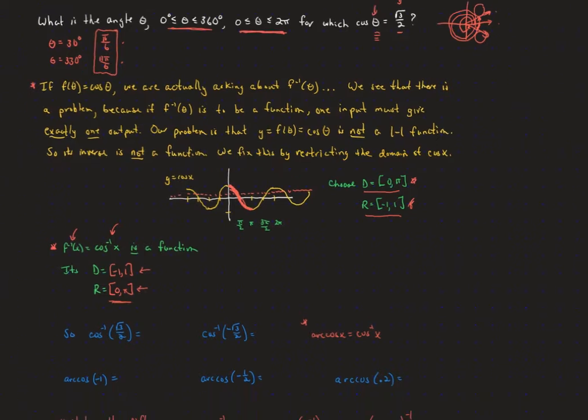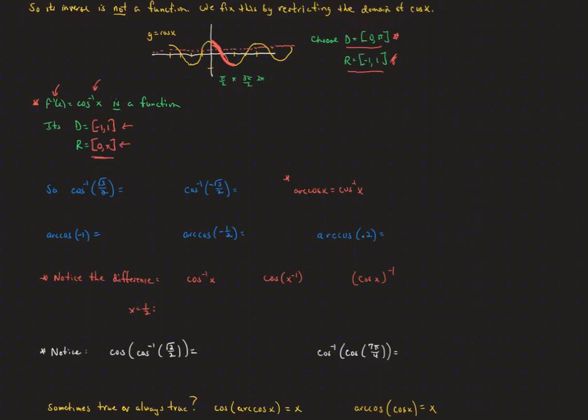Okay, so let's see if we can sort this out a little bit. Now, if we want to know what is the angle whose cosine is square root of 3 over 2, then we know there are lots of angles whose cosine is square root of 3 over 2, but there is only one correct answer to an inverse cosine, because an input can have only one output if this is to be a function. And remember, what we're going to get out of a cosine inverse, our outputs have to be an angle between 0 and pi.